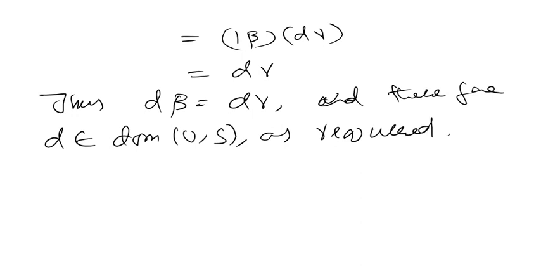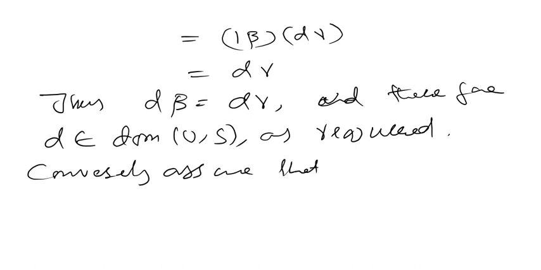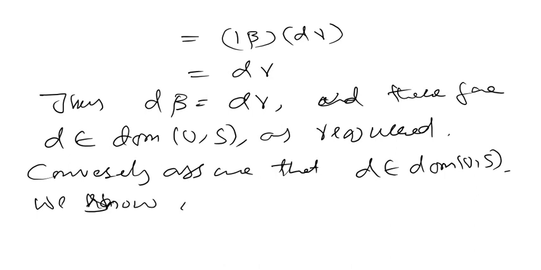And conversely, assume that this D is in the dominion. We show that D tensor 1 is equal to 1 tensor D.